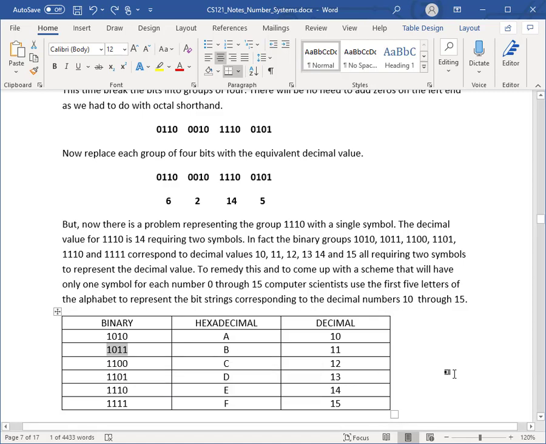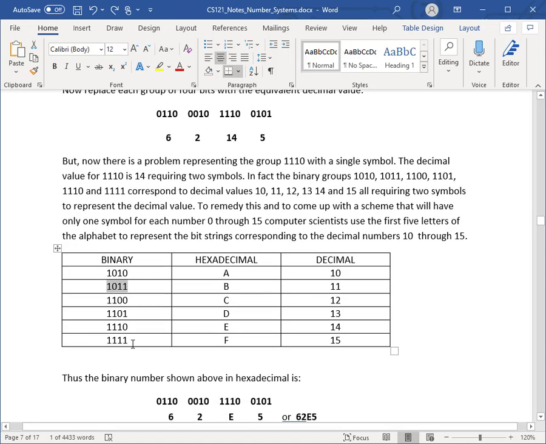And we need to have those because if you have 4 places, 4 bits in your computer, then we have seen already 2 to the 4th minus 1. We have 15 possible bit combinations that we can use. So if we want to represent all 15 bit combinations, then we need to add on these additional symbols A, B, C, D, E, and F. So those are going to be part of a hexadecimal number.